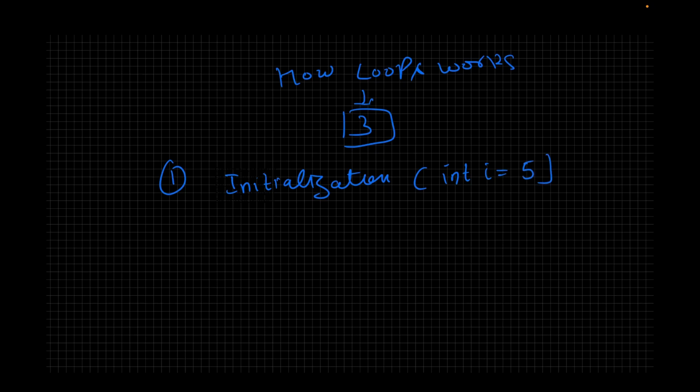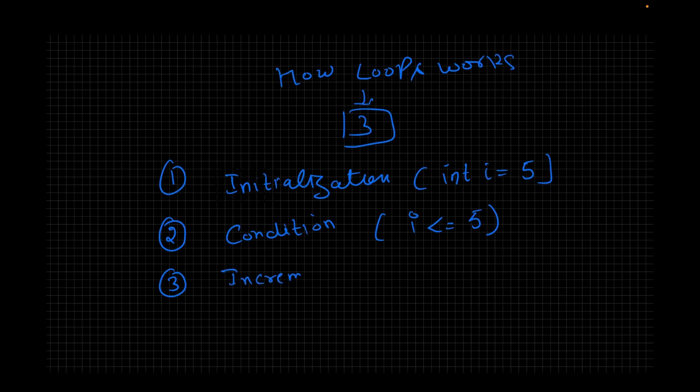Then you have a condition. The condition tells me when I should stop repeating the same task. For example, if I say when i is less than or equal to 5, that is my condition.